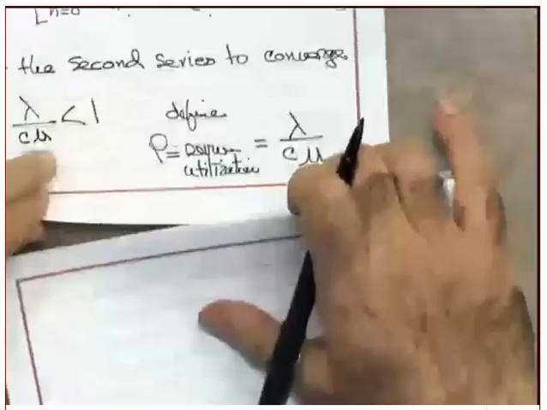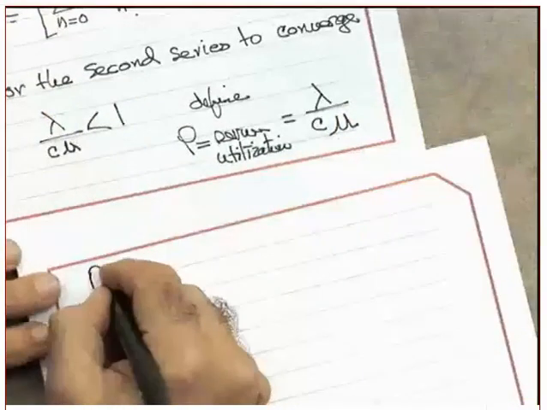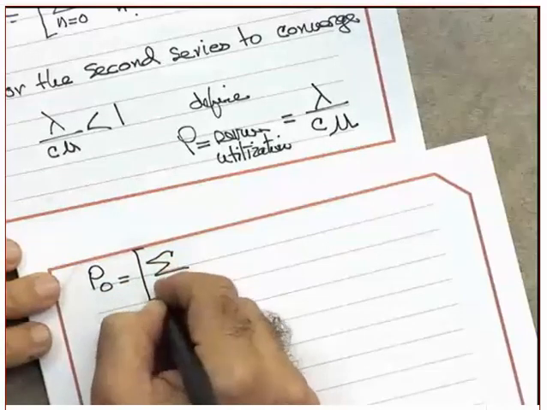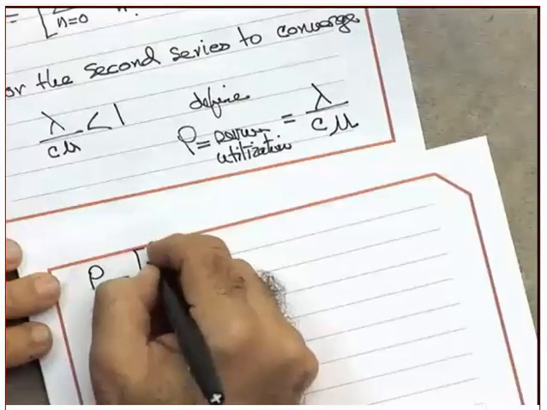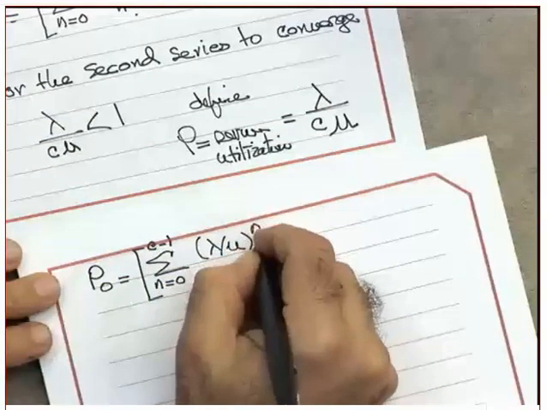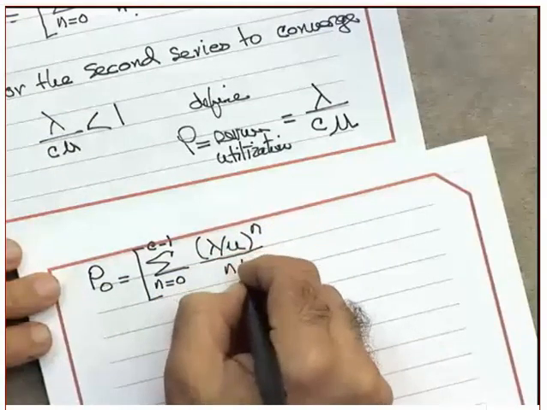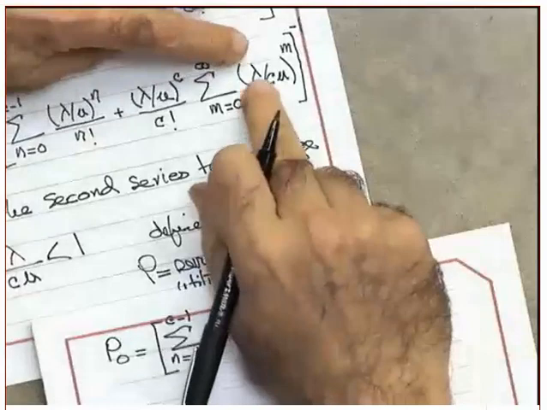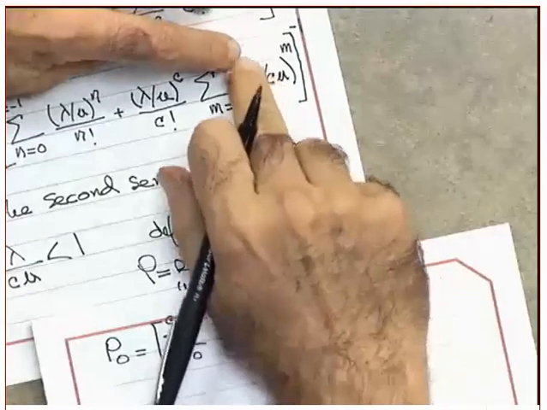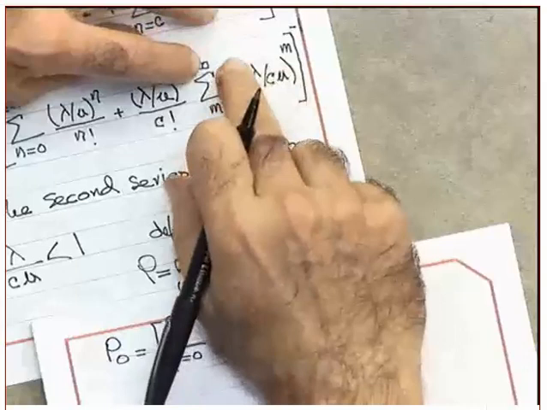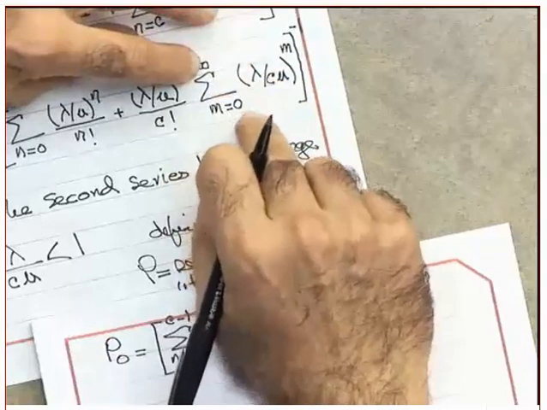So what do I have? I have P sub 0 equal to the summation n equal to 0 to C minus 1 of lambda over mu to the n over n factorial, plus what? What is this? This is 1, this is rho to the m. So the summation will converge to 1 over 1 minus rho.